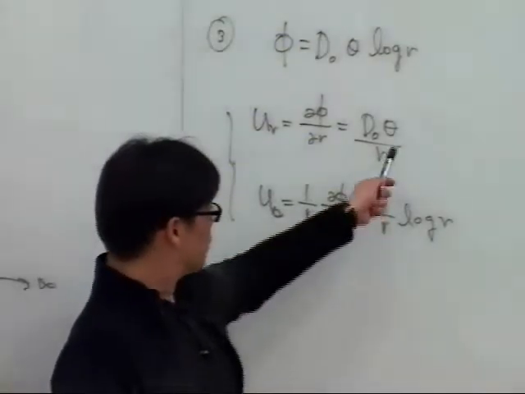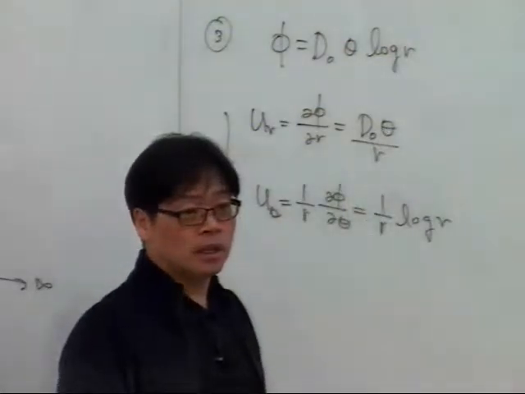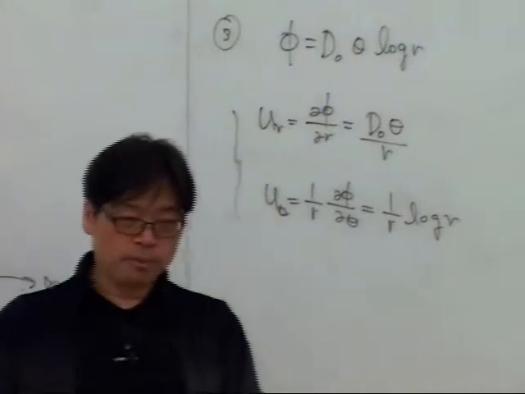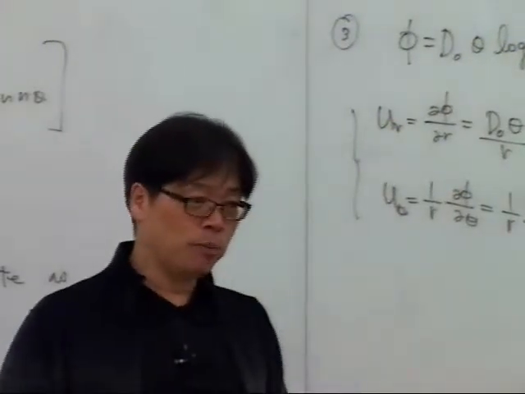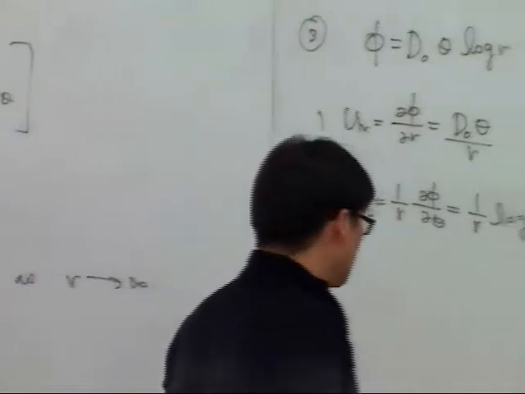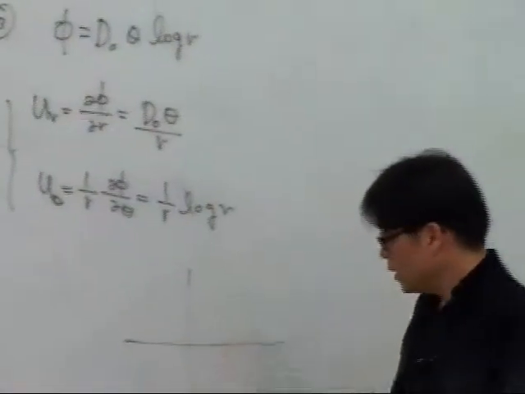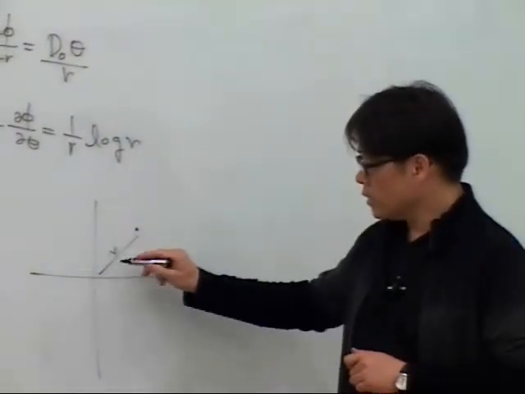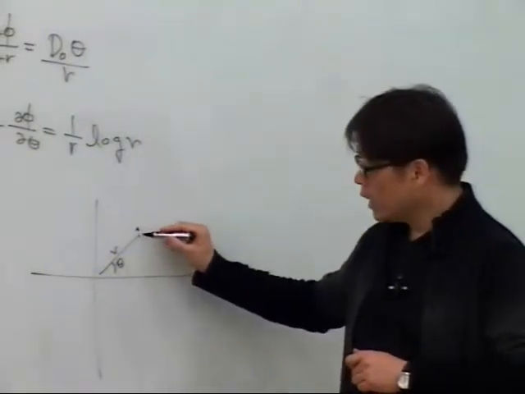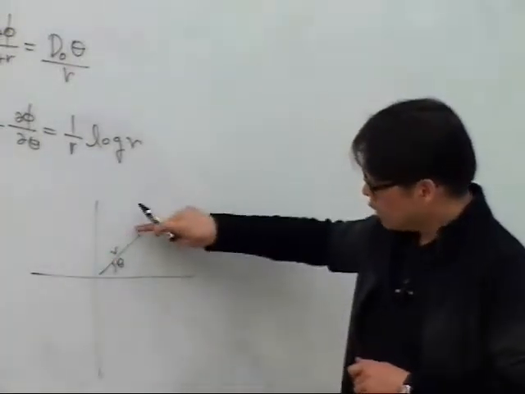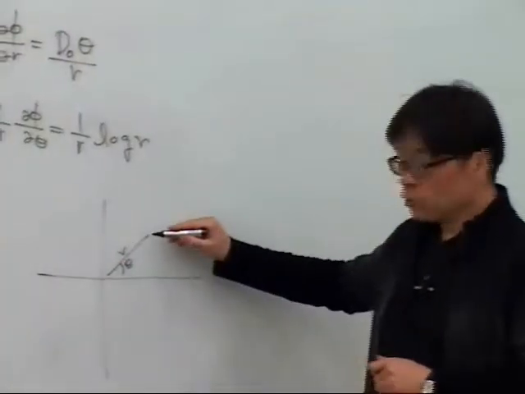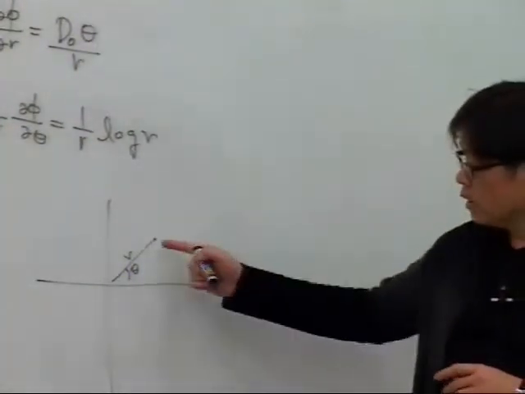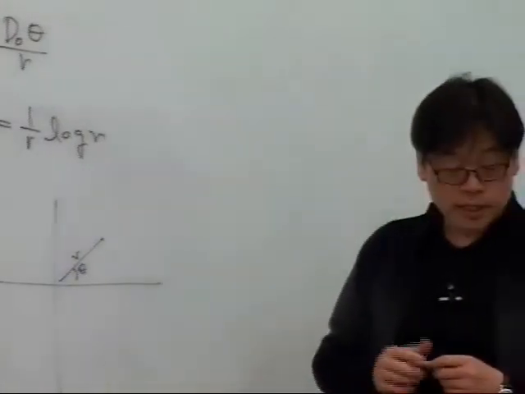The reason is that I have theta here. The solution has to be periodic in theta, 2 pi periodic. So in the plane, this is r and this is theta. You fix r and then you move around, and you go back to exactly the same point, and you should get exactly the same thing.